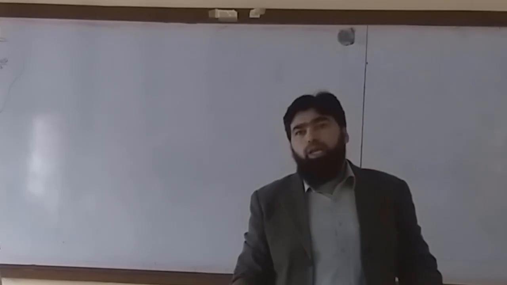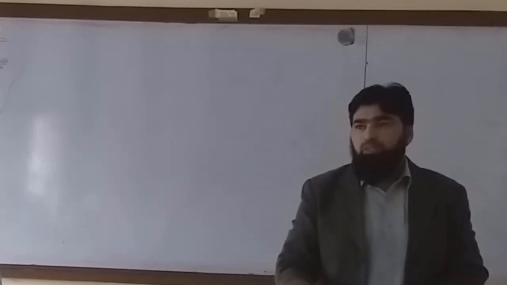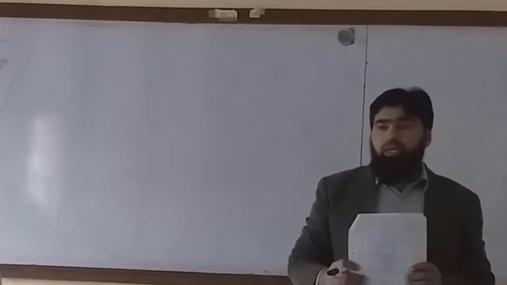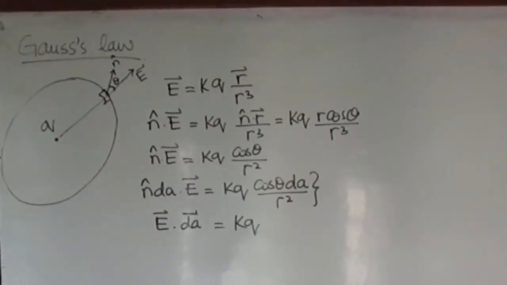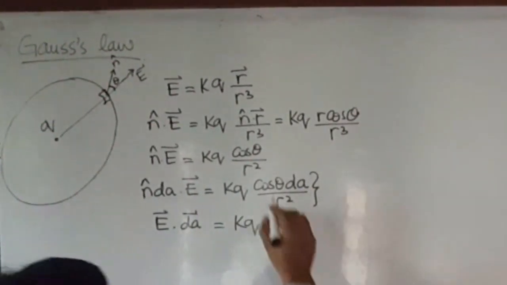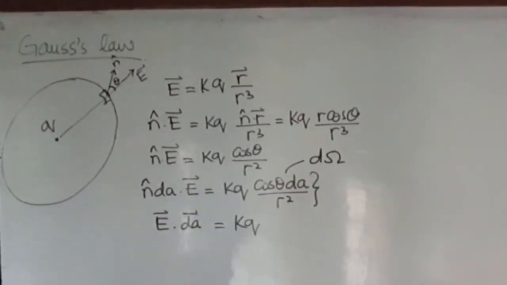So 4 pi r squared is what? 4 pi is the solid angle, not r squared, but r squared is cancelling here. So this value is actually the solid angle d omega, which is 4 pi.